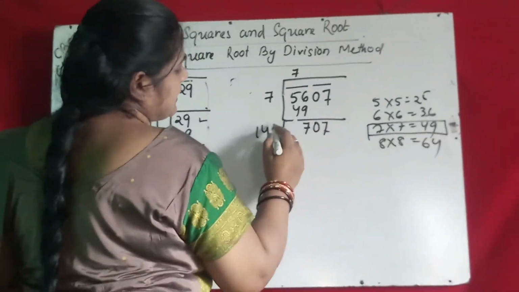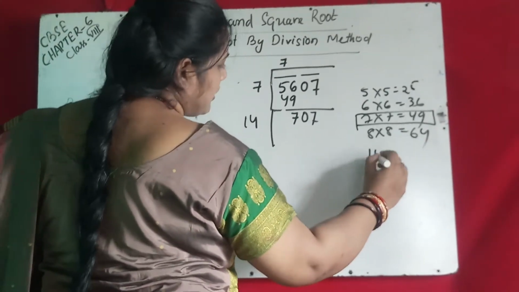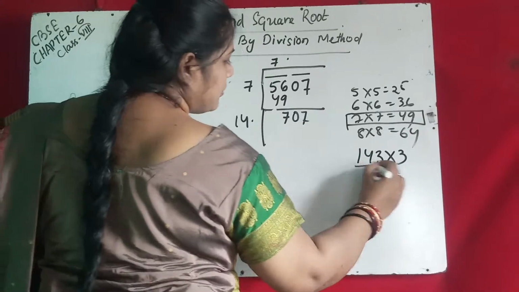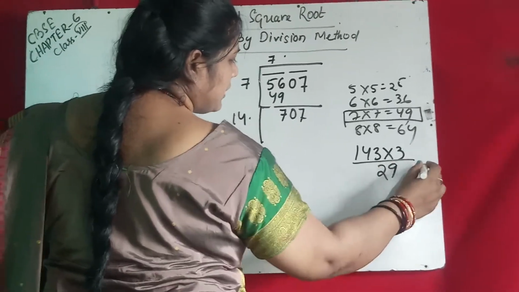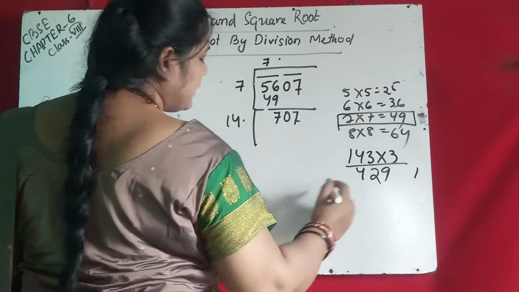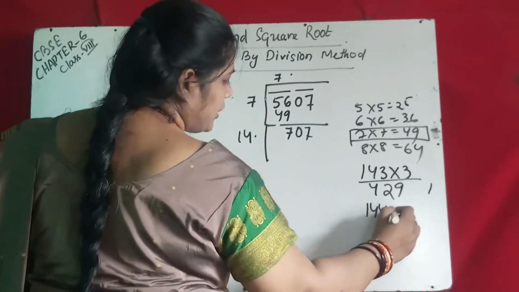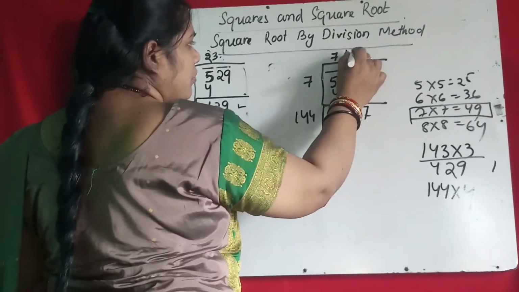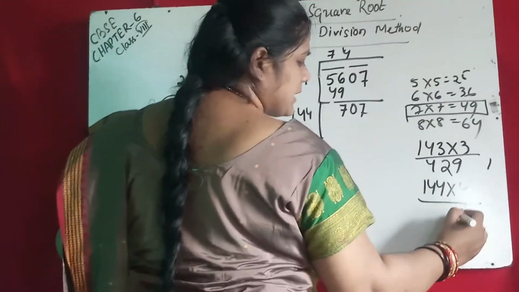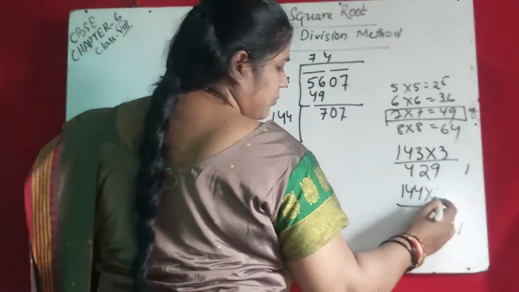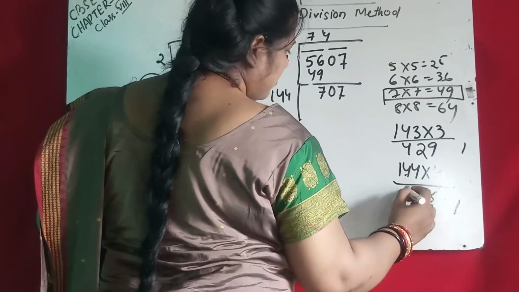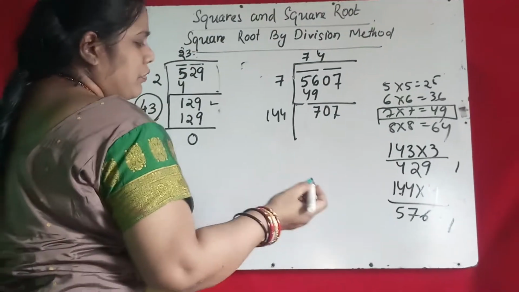Now multiply. Suppose 143 times 3, with 3 here and 3 there: 3 times 3 is 9, 3 times 4 is 12, 3 times 1 is 3, plus carry, 429. Suppose 144 times 4: 4 times 4 is 16, 4 times 4 is 16, plus 1 is 17, 4 times 1 is 4, plus 1 is 5, giving 5776.